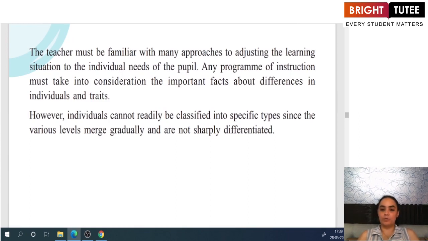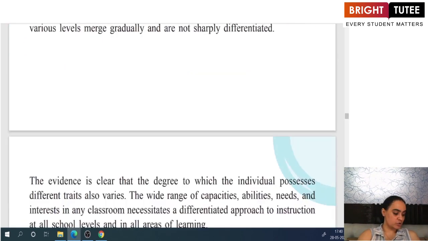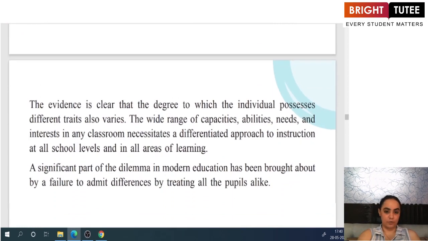But that program, that mode of instruction, should consider the differences in the individual's personalities and characters. However, it is also important that there is no broad classification within the class with respect to the children. The teacher is not supposed to classify the types of children, because it will reflect to the child that he or she is getting differentiated. So that also needs to be taken care of.